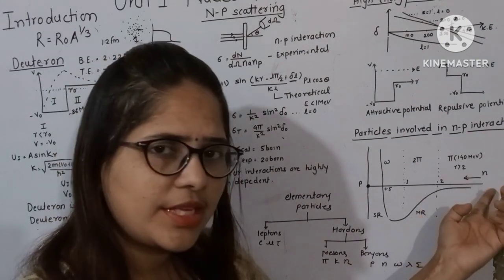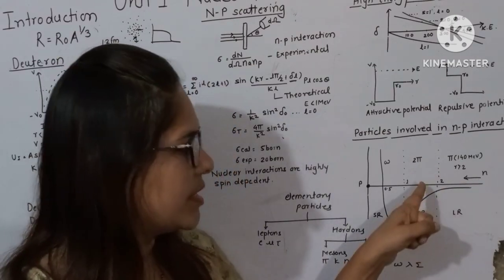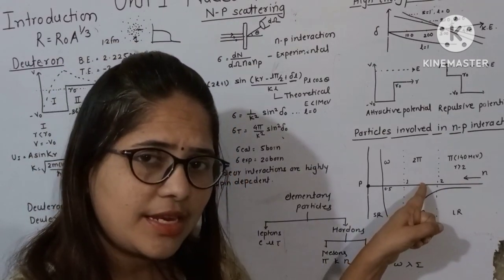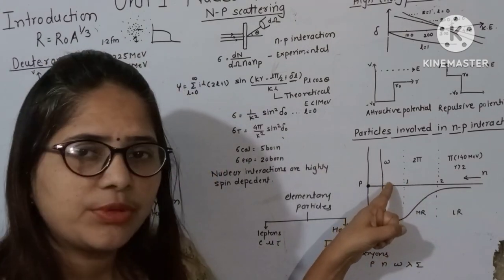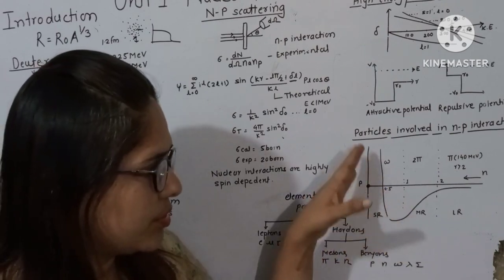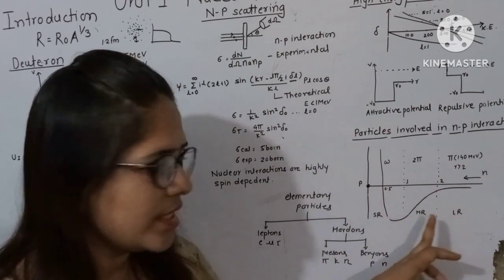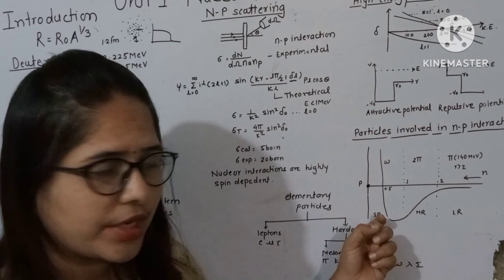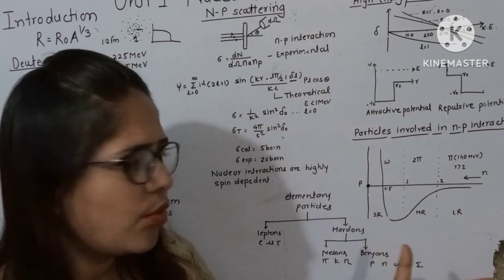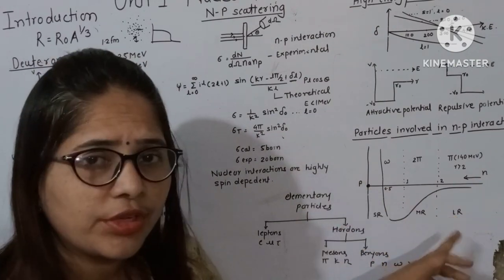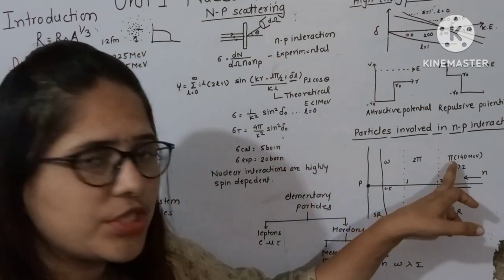As you go on increasing the kinetic energy of this neutron, it will be able to reach this medium range, and if you again increase the kinetic energy, it will try to enter into this short range region. So we have divided it into three regions: long range, medium range and short range. If the kinetic energy of the neutron is small, it can only reach into the long range. For the long range interactions, pions are responsible.